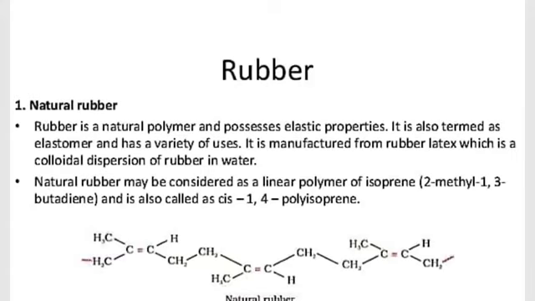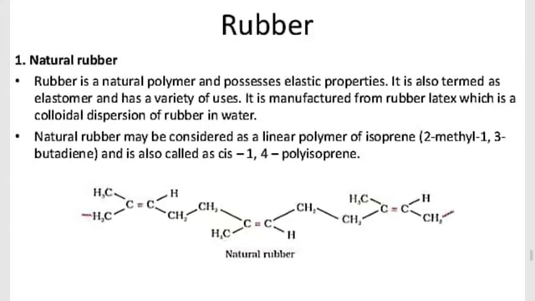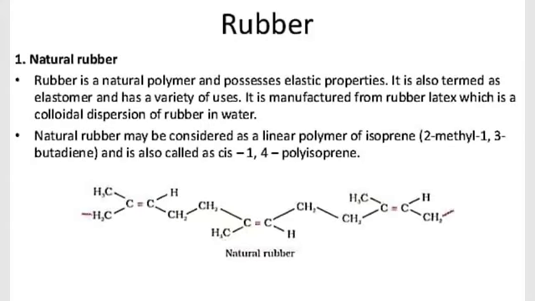Now next, let's start with rubber. Natural rubber is a natural polymer and it has elastic property. It is also termed an elastomer. It is manufactured from rubber latex, which is a colloidal dispersion of rubber in water. The monomer of natural rubber is isoprene, which is 2-methyl-1,3-butadiene, and cis-1,4-polyisoprene is called natural rubber.